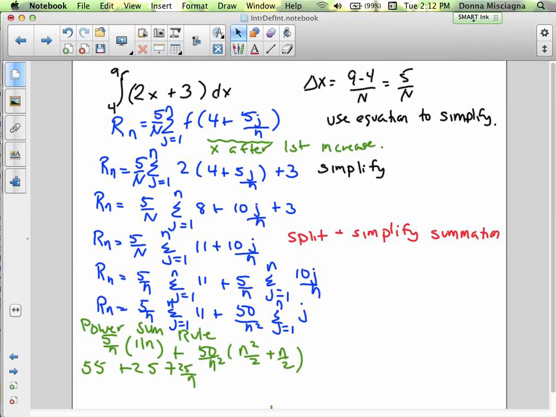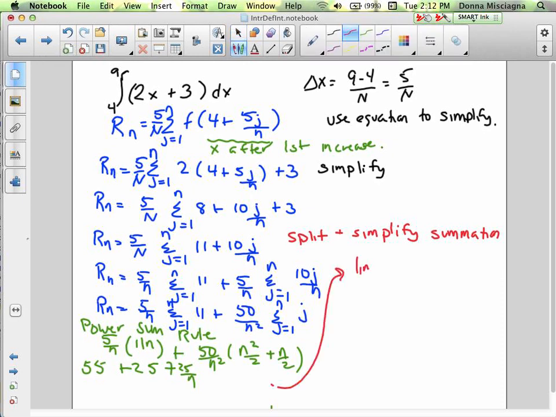So now we're going to bop over here, because I have no more space unless I expand the board. We're going to take the limit of the Riemann sum as n goes to infinity.